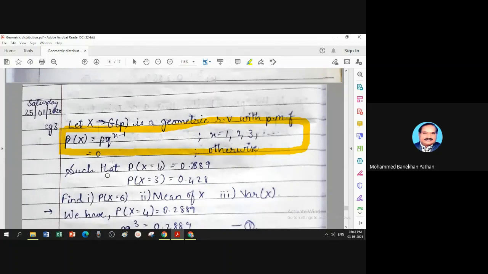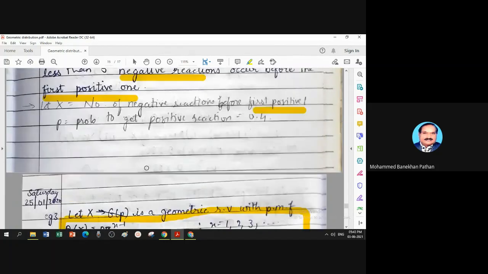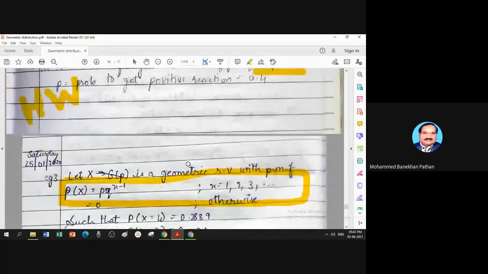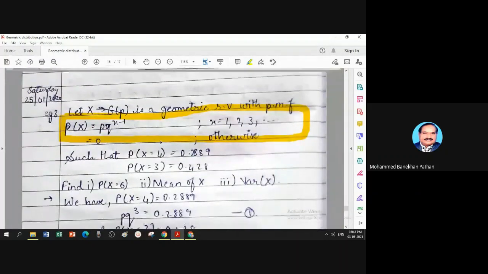So this is another question. This I put as homework. Everybody solve this by using example 1. The rest part I keep as homework. This is another question.